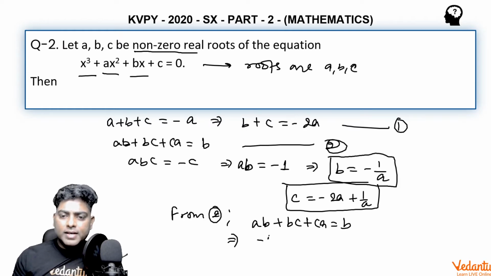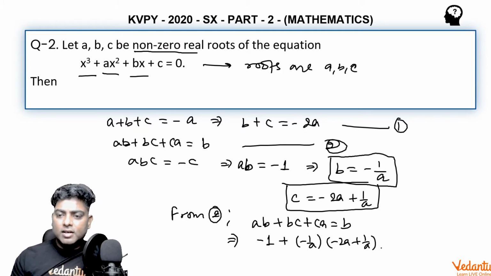So ab is minus 1, b is minus 1 by a, c is minus 2a plus 1 by a, and a, and b is minus 1 by a.